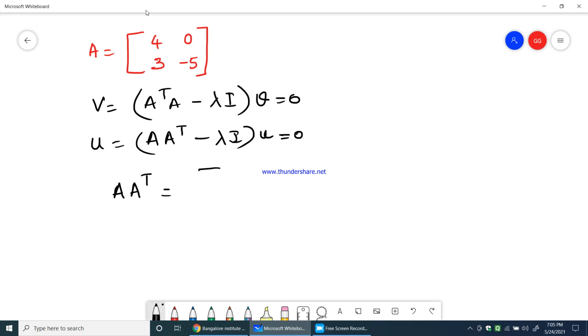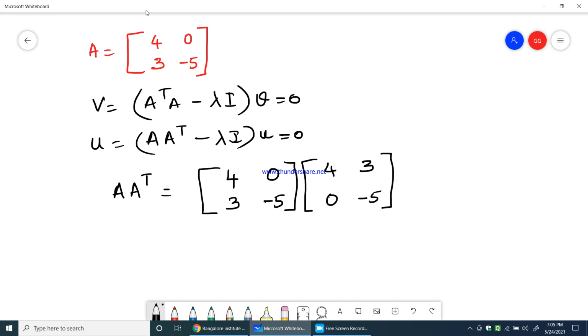Here A is 4, 3, 0, minus 5, whereas A transpose is 4, 3, 0, minus 5. Now A and A transpose are not equal, therefore it is not a symmetric matrix.